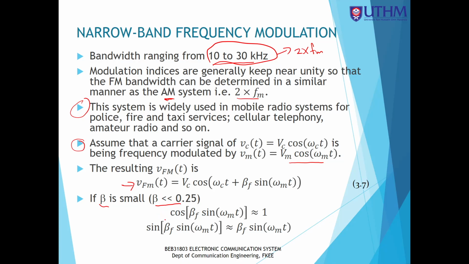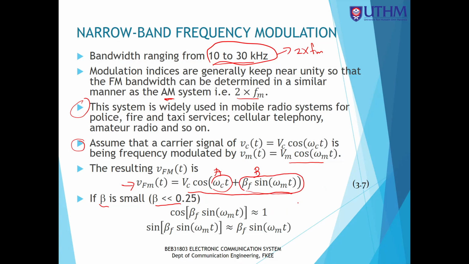So if the beta parameter is small, we can do approximation for certain parameters. And if you see the FM equation, this is actually cos(A plus B). There are two parts here, omega_c t and beta_f sin omega_m t.